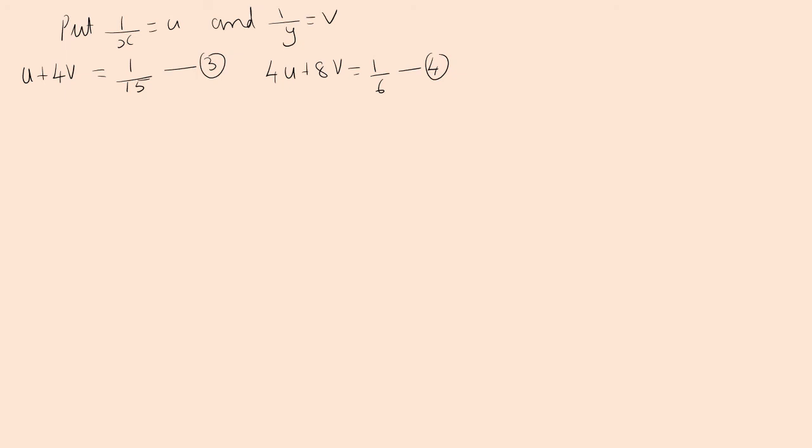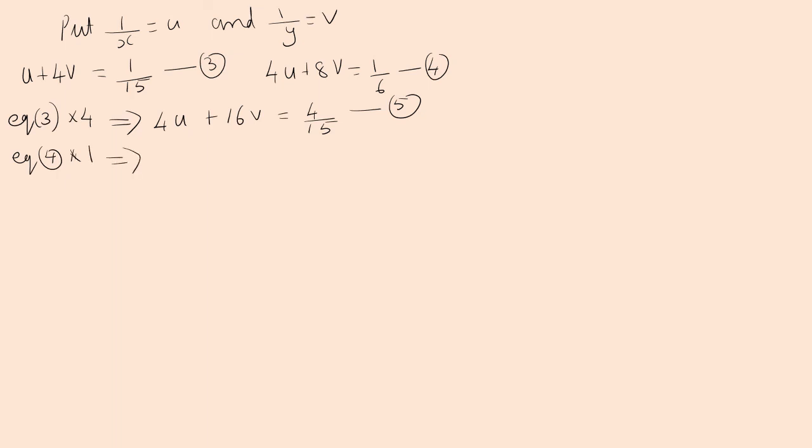To eliminate u, equation 3 multiplied by 4 becomes 4u plus 16v equal to 4 upon 15. Number the equation as equation number 5. Now equation 4 multiplied by the coefficient of u in equation 3, that is 1.